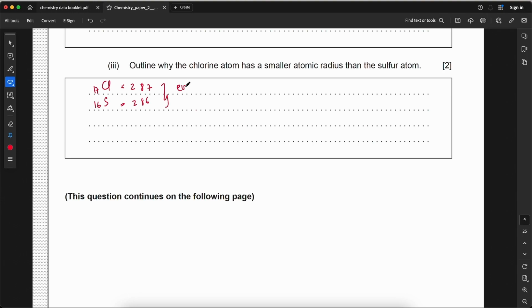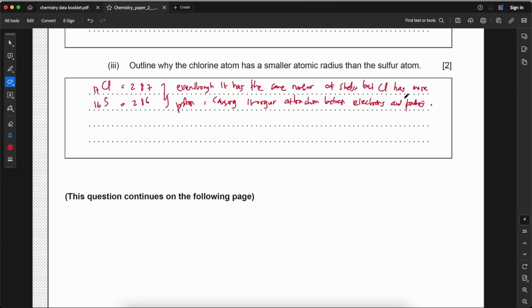Even though it has the same number of shells, it has 3 shells, both of them, but Cl has more protons, causing stronger attraction between electrons and protons.